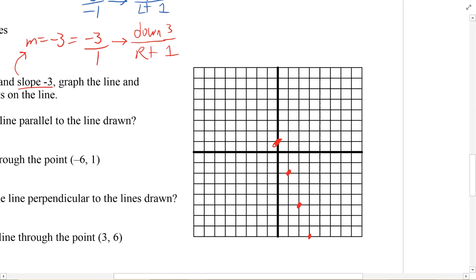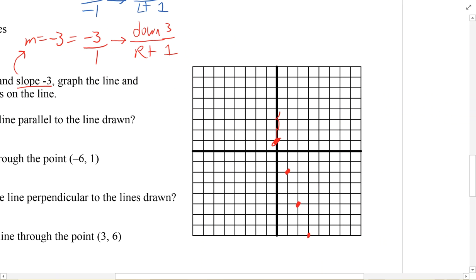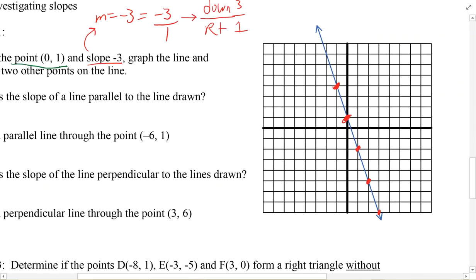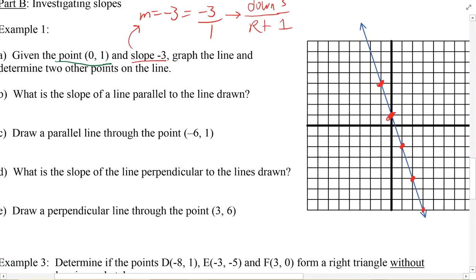And so now I keep counting 1, 2, 3 over 1. And I can't do any more, so I leave it. So now you can draw a line, nice and big and long. Use arrows.